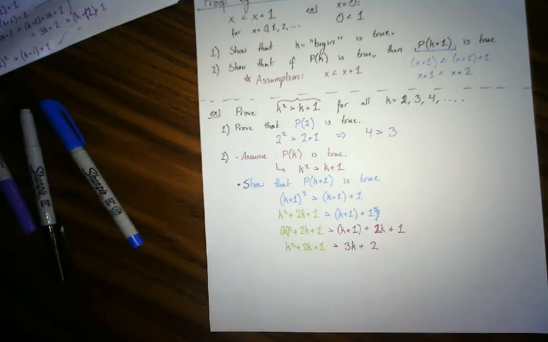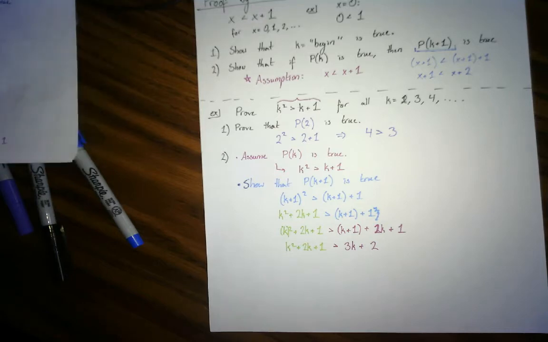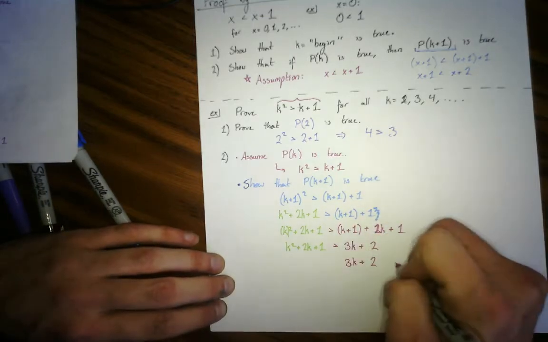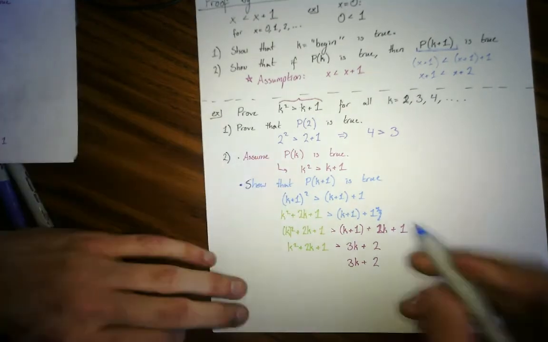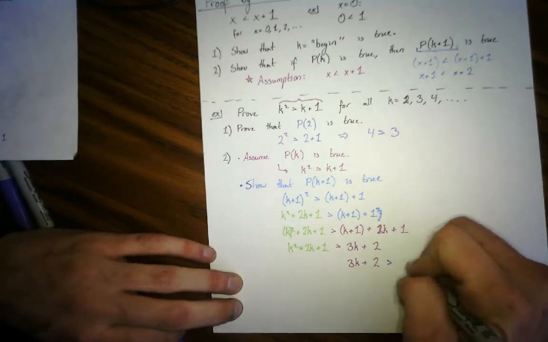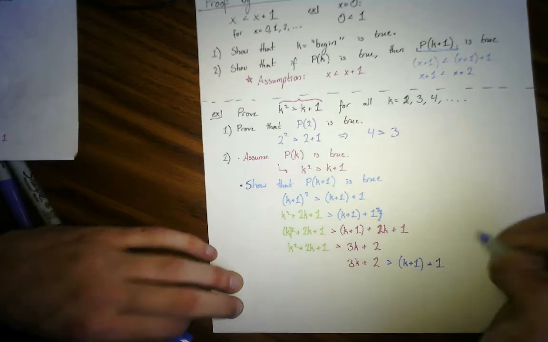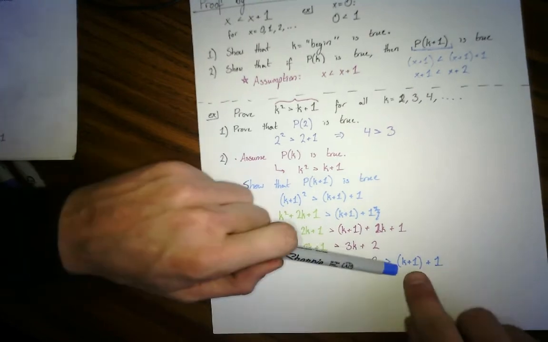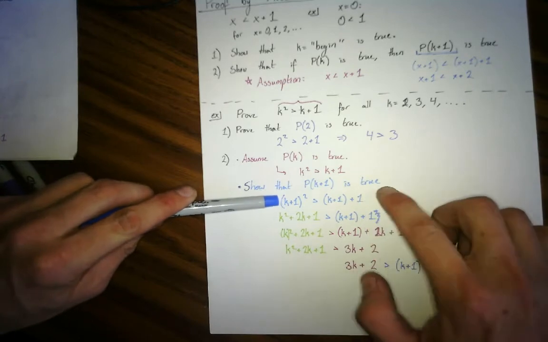So when we compare this 3k plus 2 now to our value, we'll see that this 3k plus 2 is bigger than this original statement to our right. So we can cut out the middleman here and show that k squared plus 2k plus 1 is greater than k plus 1 plus 1, and therefore we have proven our original claim.